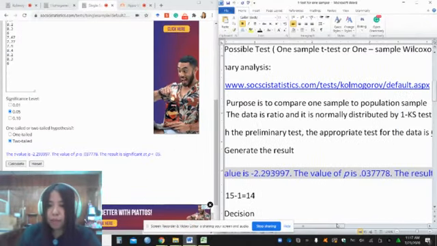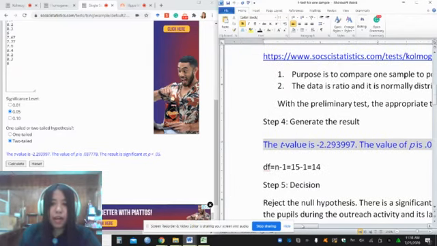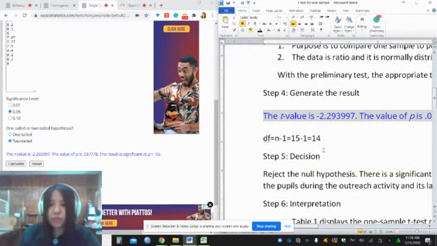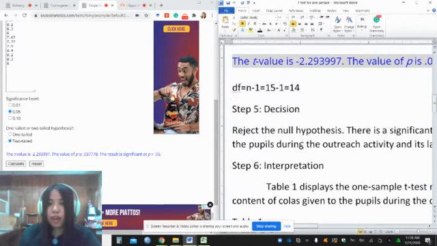So it's already copied here. The generated result is the t-test value, negative 2.293397. I just copied the initial analysis generated using the calculator. In addition to that, let us also compute for the degree of freedom. The formula for this is n minus 1.